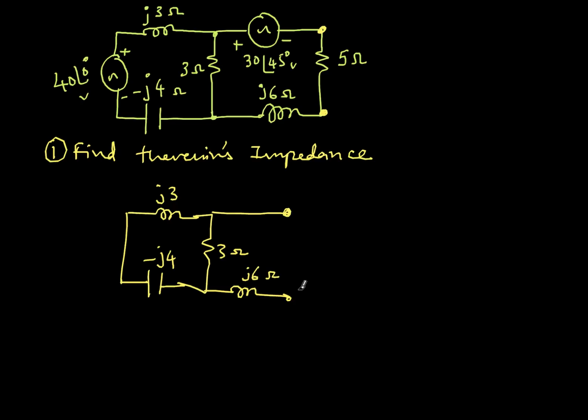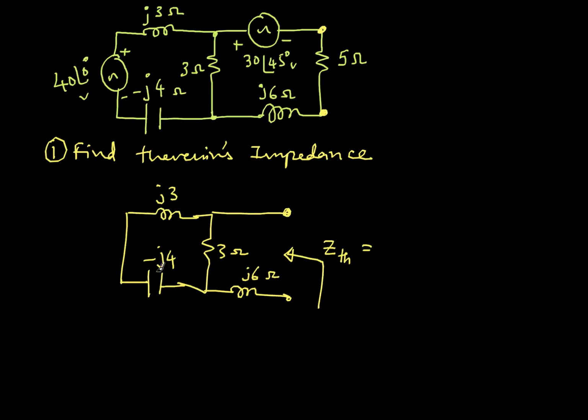The load resistance is removed, and whatever is the equivalent impedance as viewed between these two terminals looking into the network, that is the equivalent impedance. So what is my Thevenin's impedance in this case? I notice that J3 and J4 are in series. That particular branch is in parallel with the 3 ohm resistance, and that entire parallel combination is in series with the 6 ohm resistance.